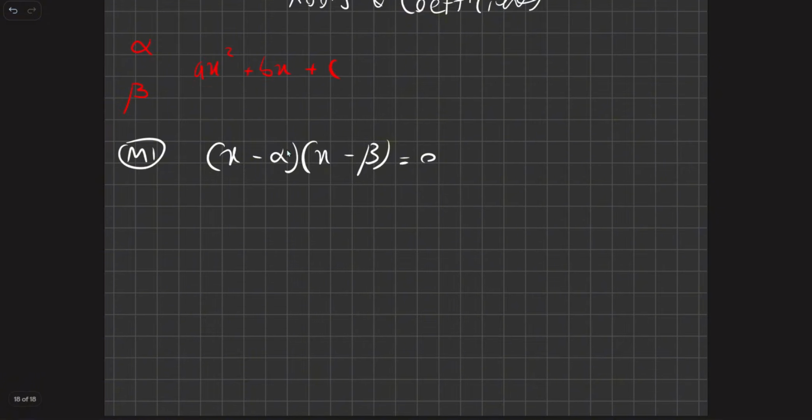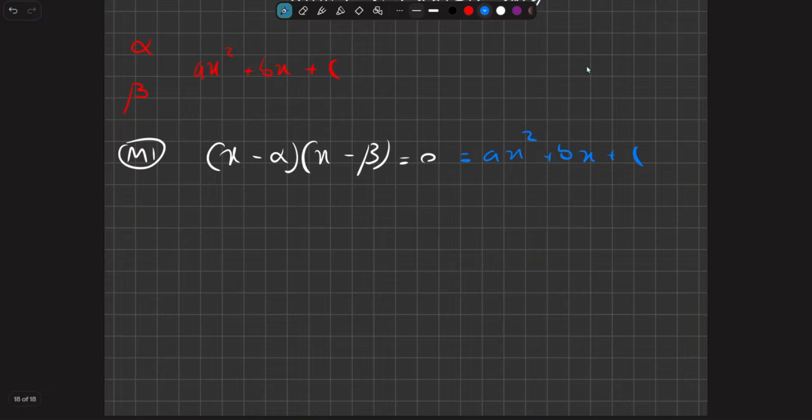And the reason why alpha and beta are the roots is because when you divide 0 by either of these, for example, when you divide 0 by x minus beta, you'll get x minus alpha equals 0 and x equals alpha. And vice versa, you can do this with the factor of x minus beta, and you'll get beta as a root. So here we know that this is also equal to ax squared plus bx plus c.